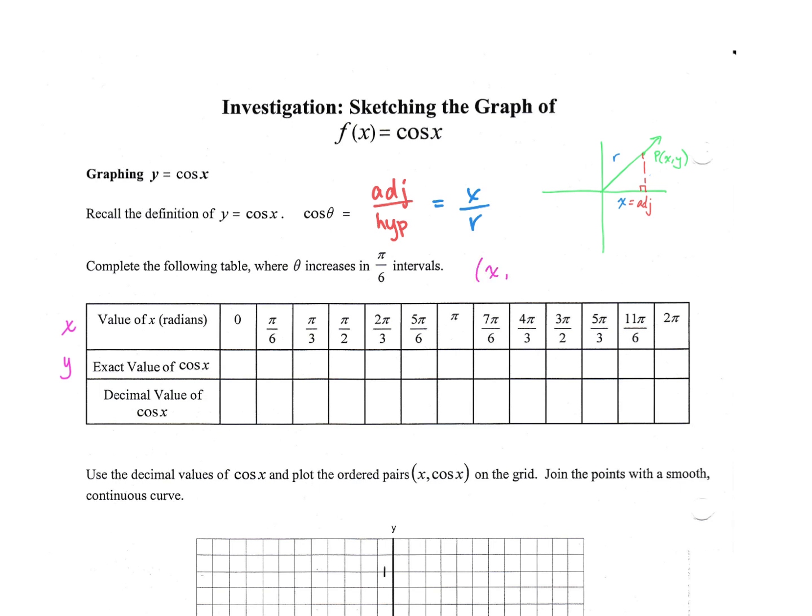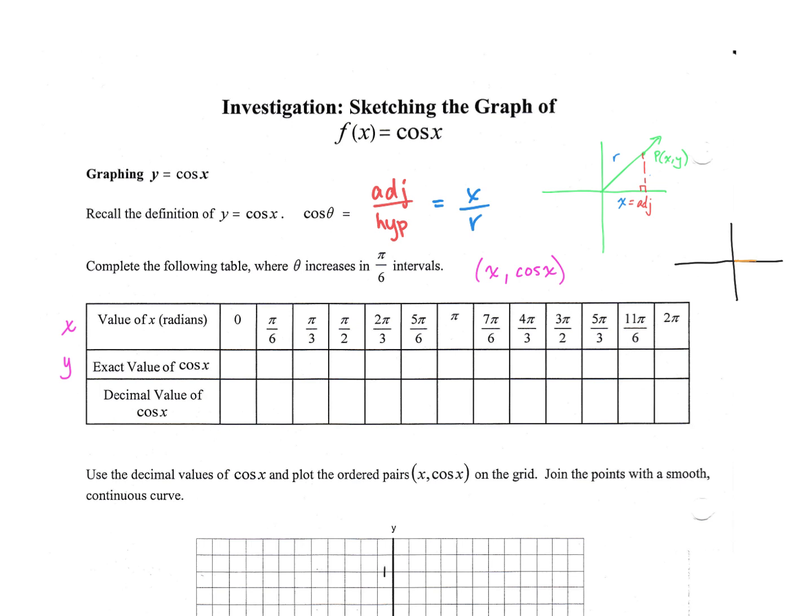So in this case, I have x and whatever cos x is. That provides me with my y coordinate here. So if we think about the same idea that we did on the last one, but now we're following our adjacent side. So what is happening to that adjacent side?